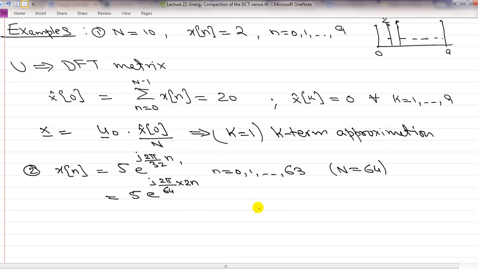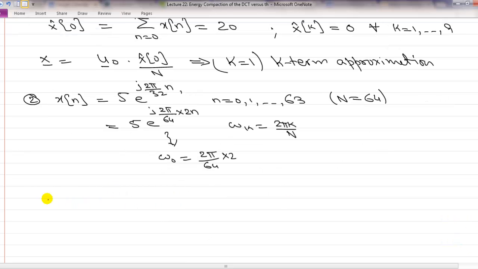Right? Discrete Fourier transform frequencies are omega k equal to 2 pi k over n. So this is a complex exponential with frequency omega naught equal to 2 pi by 64 into 2. So it's indeed just one frequency of the discrete Fourier transform.